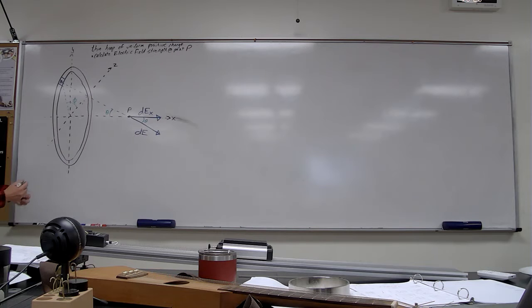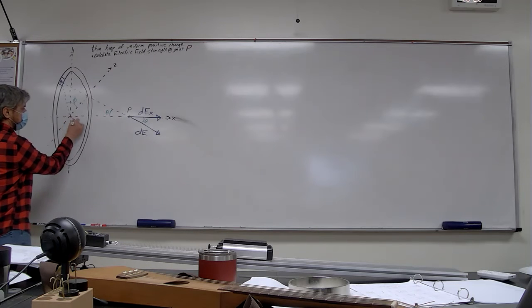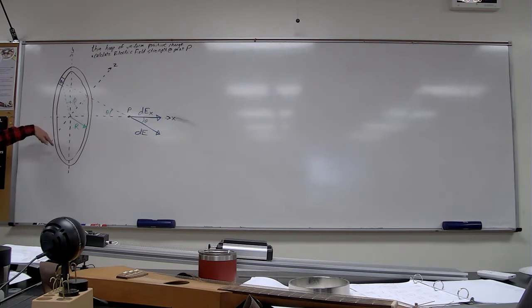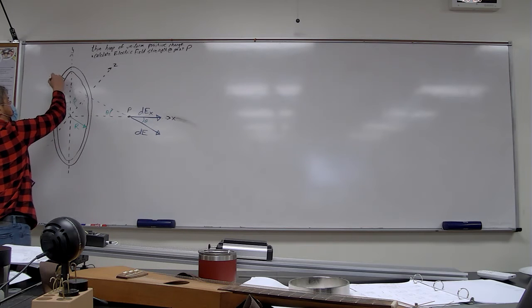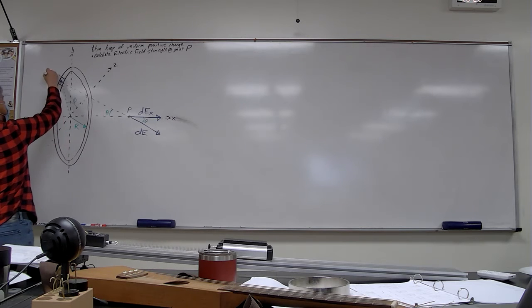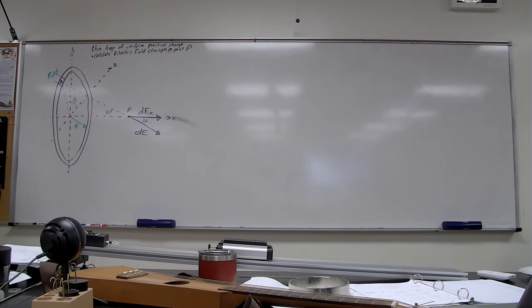If that's the angle phi, notice we got a radius, obviously. The radius of our hoop, I'll call big R. If that's the radius of this hoop, this is an arc length. The arc length on which dq resides is just r times delta theta on the macro scale.